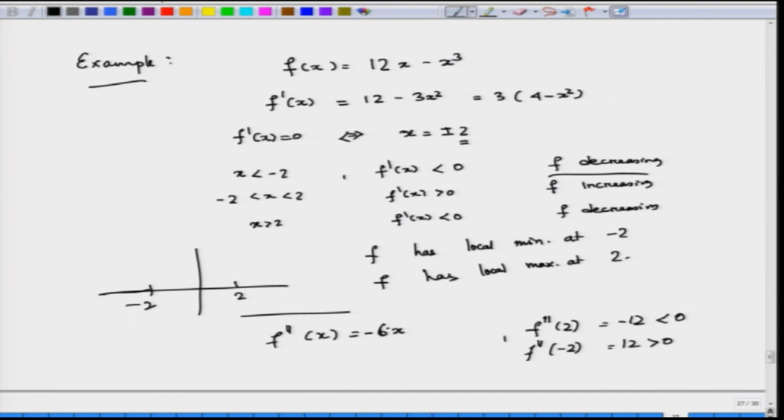Sometimes we may find it quite hard to even compute the second derivative. In those cases, for the first derivative test, we need to look at the sign of f prime on the left hand interval and right hand interval.